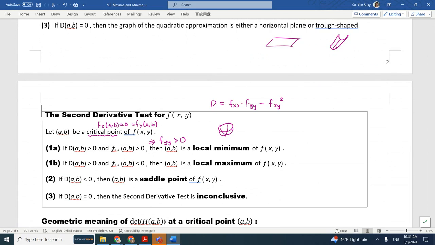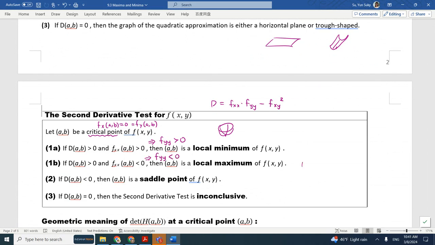Next, if D is positive, then the first term is also positive, right? But if fxx is negative, because the product is positive, one factor is negative, so the other factor must be negative.